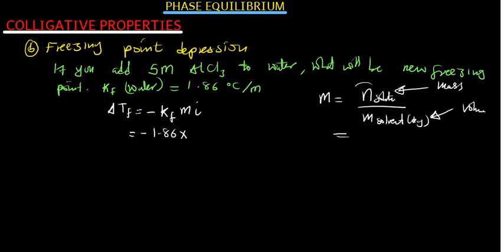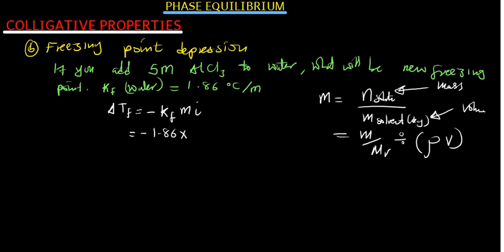You know that you find number of moles by mass over molar mass. So the formula becomes mass over molar mass, and then divided by the mass of the solvent. If you have the volume, you want the mass of the solvent. They've given you the volume of water. How do you find the mass? You know that mass is given by density multiplied by volume.